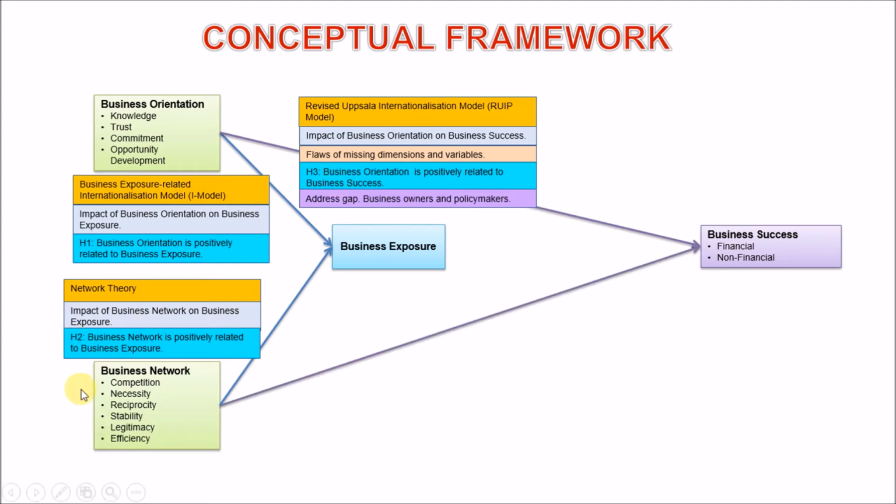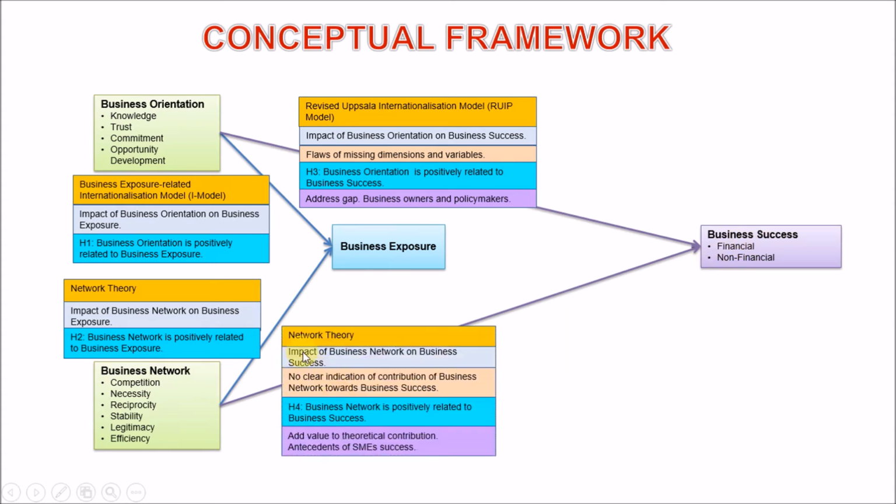How about the next one? Here we have business network towards business success. As usual, justifications are here. Again, network theory can explain this. Now let me explain a little bit of something else. The question may be raised: how come we can see network theory here and network theory here? Can one theory justify multiple relationships?